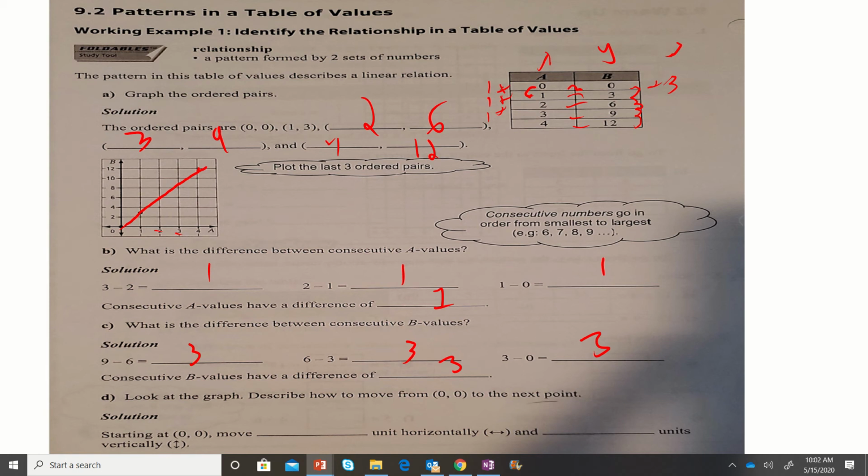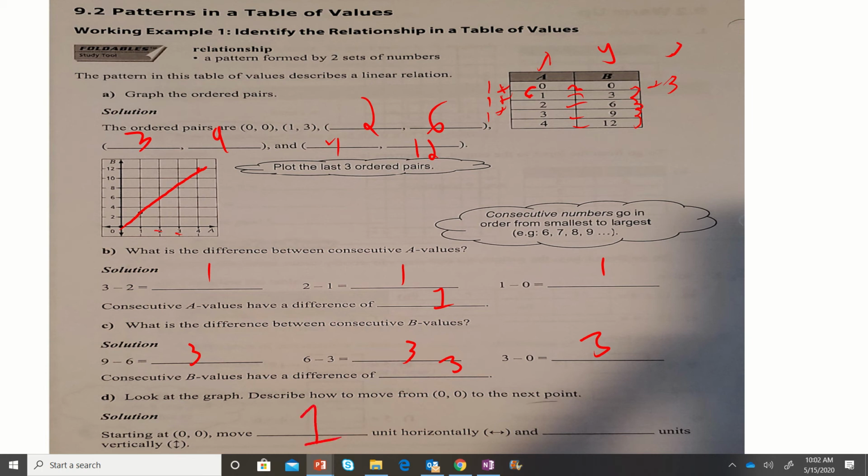Now it says, look at the graph. Describe how to move from 0, 0 to the next point. If I start at 0 and move up in this pattern, how much did I move horizontally? You're going to look at your x-axis, and it's going to be 1.